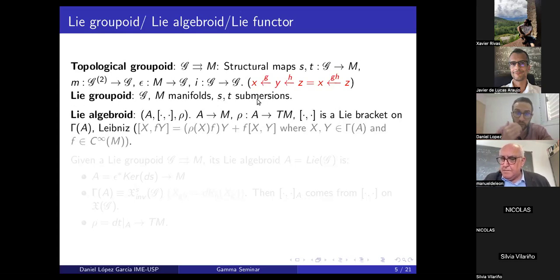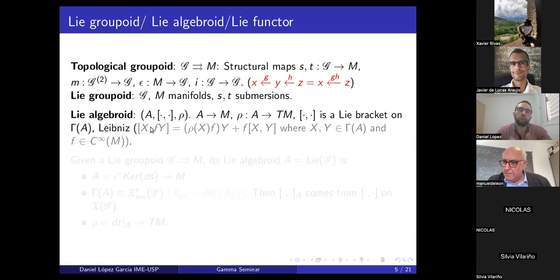On the other hand, the infinitesimal counterpart is a Lie algebroid. And a Lie algebroid, you can think of as this triple: a vector bundle A over M, an anchor map, which is a map of vector bundles from A to the tangent bundle, and a bracket on the sections of this vector bundle A, which turns these sections into a Lie algebra.